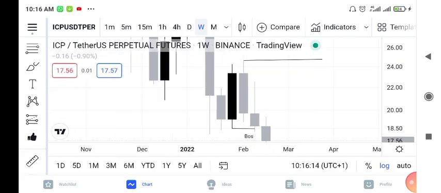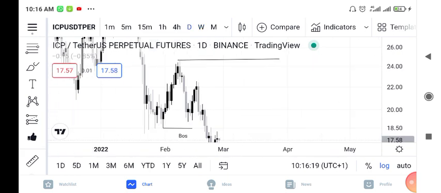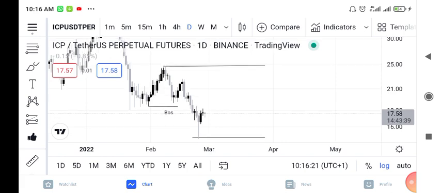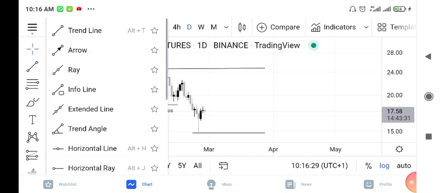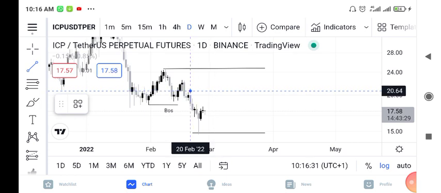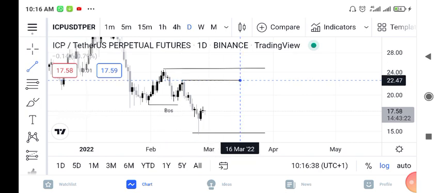So now let's move down to the daily time frame. On the daily time frame, what do we observe? We observe that we had a high that was directly responsible for the break of the structure. Right, so we mark the high out. Why are we doing this?